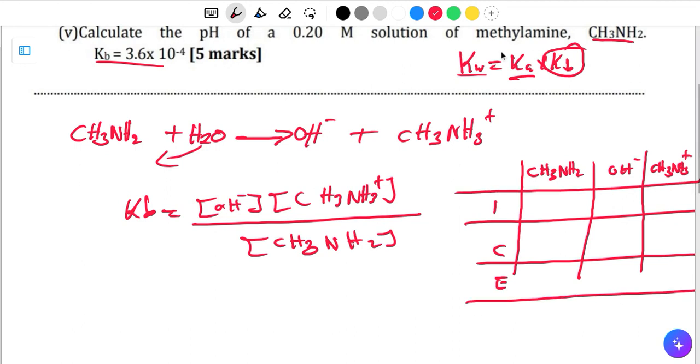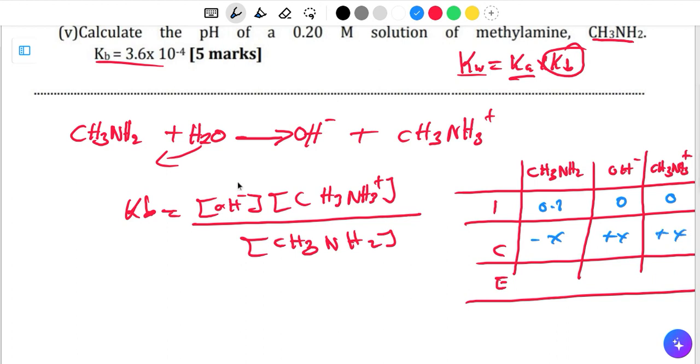Initially, what do we have? Initially we have 0.2 of methylamine, then 0 hydroxide and 0 methylamine ion. In terms of the ratio, it's 1 to 1 to 1 to 1. So it's minus x, then plus x, then plus x.